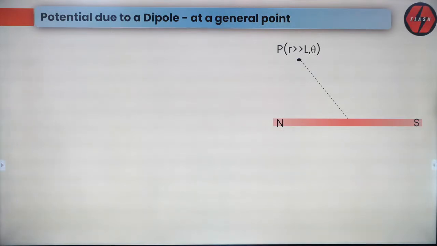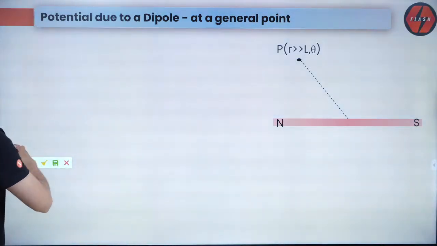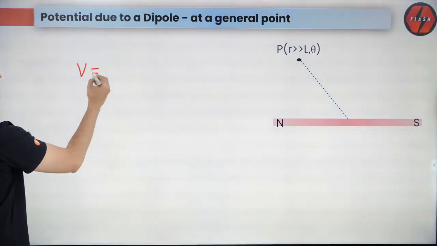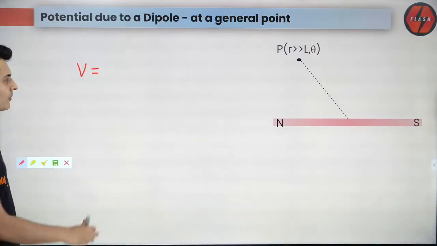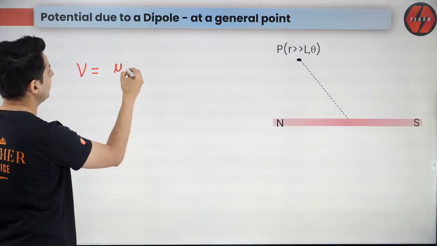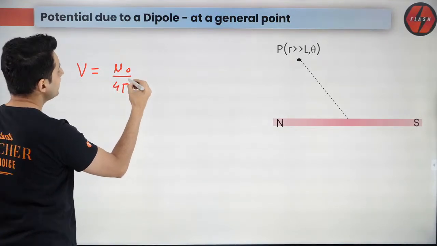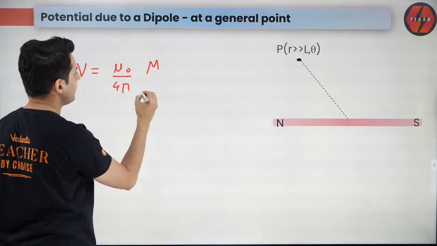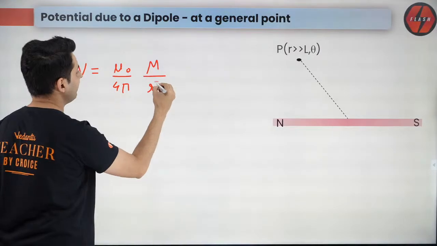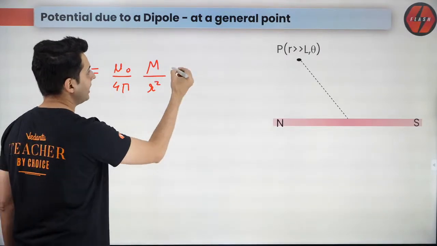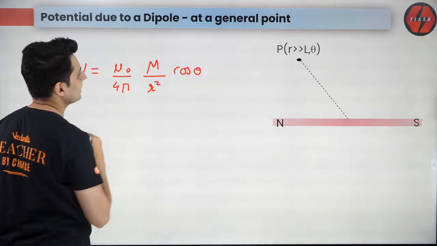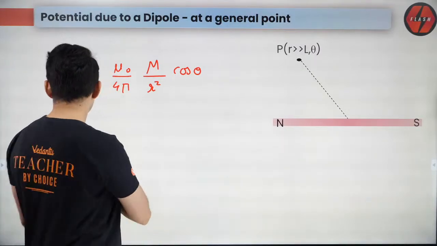What about potential at any point? Similar formula, potential due to a bar magnet, guys. Instead of 1 upon 4 pi epsilon naught, you will have mu naught by 4 pi. Instead of P, you will have magnetic dipole moment. Instead of r cube, you will have r squared dimensionally, and you will just have cos theta over here. So guys, try to recollect.